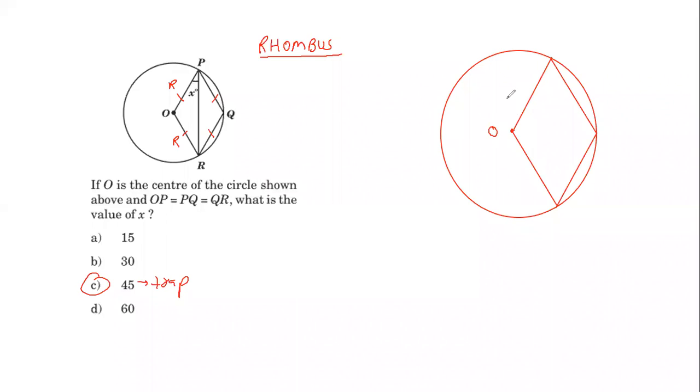Now O, P, Q, R. If I do some construction and join OQ, do you realize OQ is also the radius of the circle? So these three sides are equal, and it becomes an equilateral triangle. Similarly, the bottom triangle will also be an equilateral triangle. In an equilateral triangle, I know this angle is 60 degrees and this angle is also 60 degrees. Now I will join this PR.